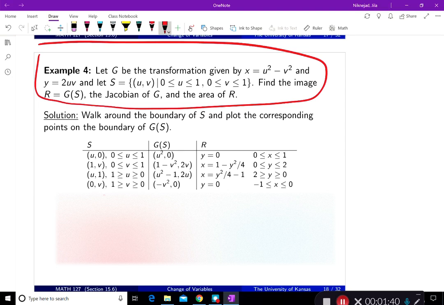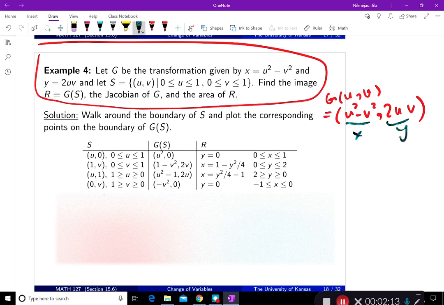Now, what is the transformation? Transformation is just G of u and v such that the x value of G is this and the y value of G is that. This G takes every u and v into an x and y.